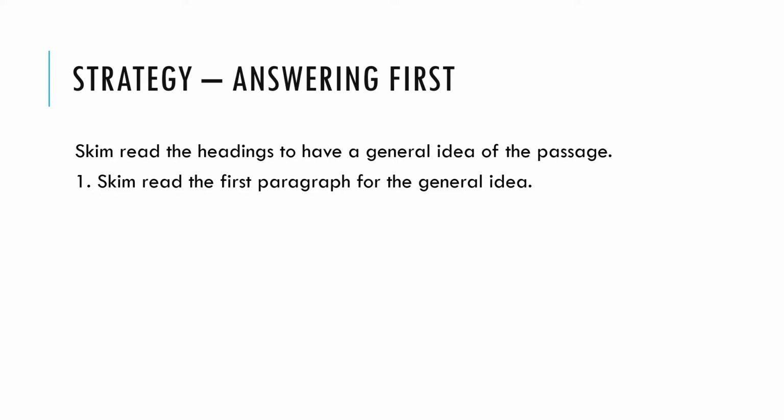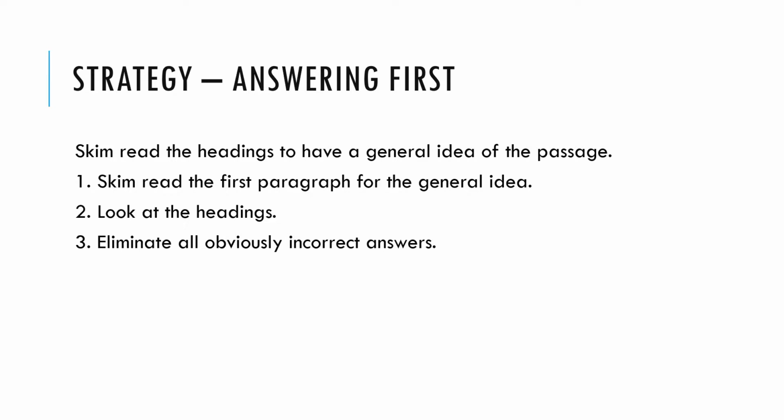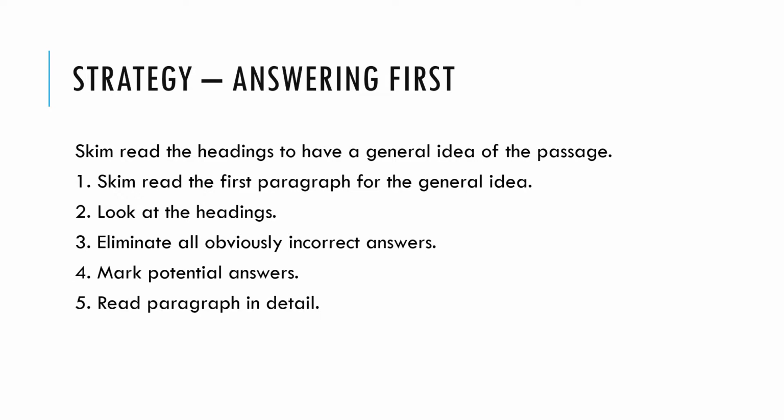The first step is to skim read the first paragraph for the general idea. Then we'll take a good look at the headings, reading these in detail this time. We're going to eliminate all the obviously incorrect answers. Then we'll mark some potentially correct answers. We will go back to the first paragraph and read it in detail.